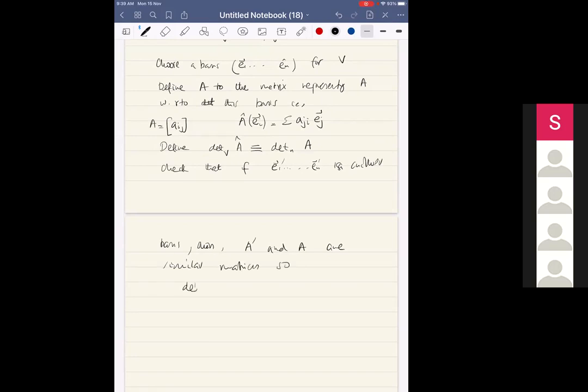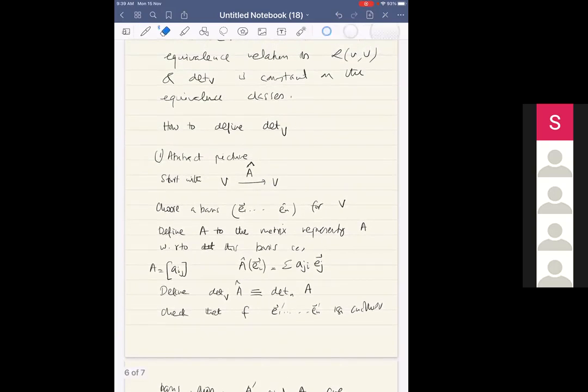So det A prime is equal to det A. So det of A hat is equal to det A is equal to det A prime, independent of the choice of basis.